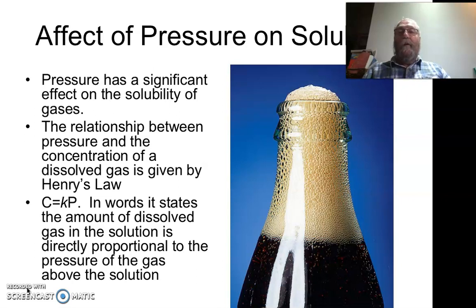This is why when you have a carbonated drink in the refrigerator and you take the lid off, a little bit of carbonation comes out, but then as the drink gradually warms up, it carbonates more and more, or the fizz increases. This is why you wouldn't open a warm bottle of Coke, because it's liable to largely empty all at once.